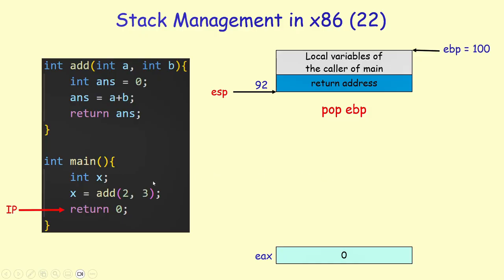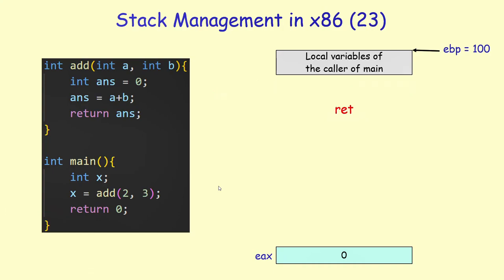And finally, we need to execute the return instruction, which is ret. That needs to take the return address from the stack and put it into the instruction pointer so that we can now continue executing the function that made a call to the main function. And that is supposed to call the exit system call to terminate our program. So let's execute the return instruction, and that wipes out the return address on the stack.